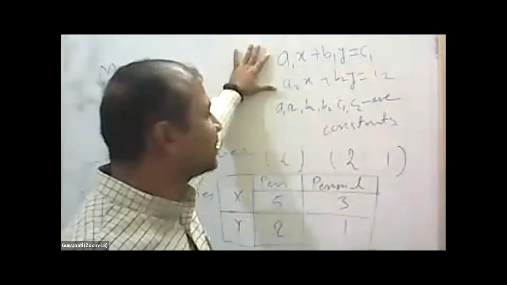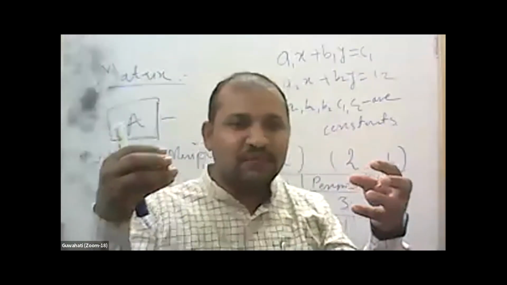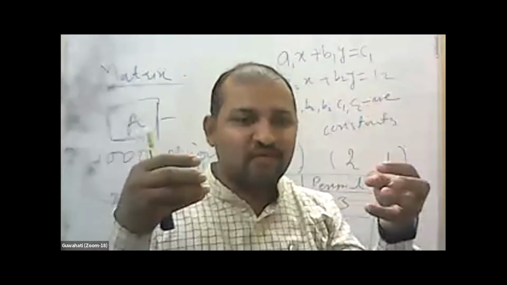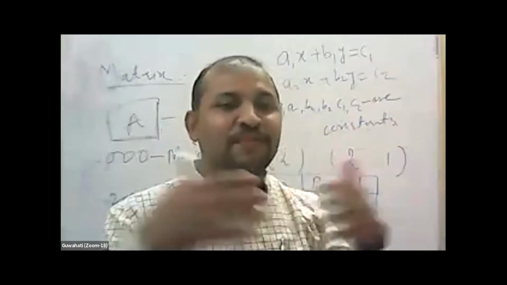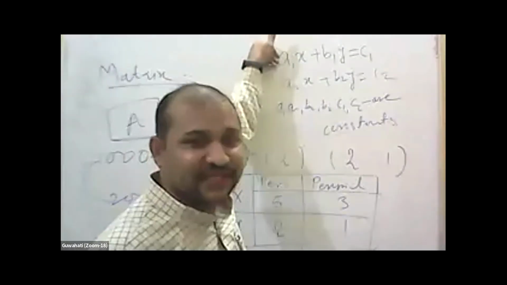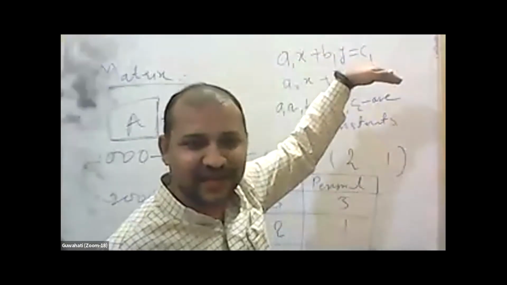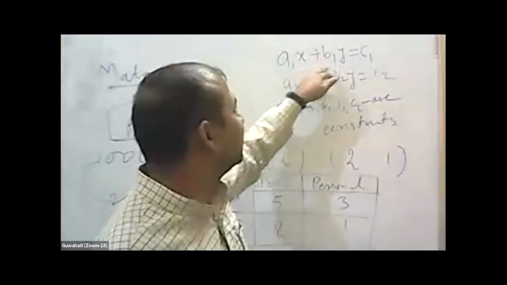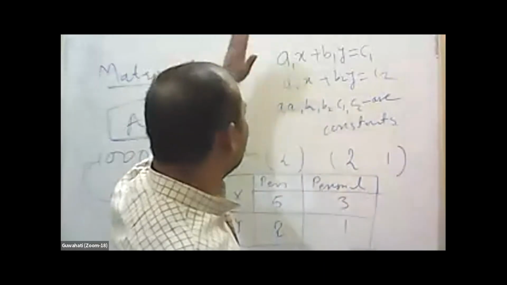Sometimes we call it a constraint equation. It gives the relation between two variables, say x and y, with a combination of some constants, and frames the equation. That equation we call a constraint equation because x and y are the constraints on it. Now what is this?